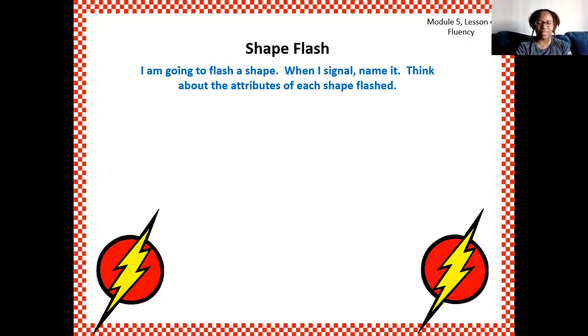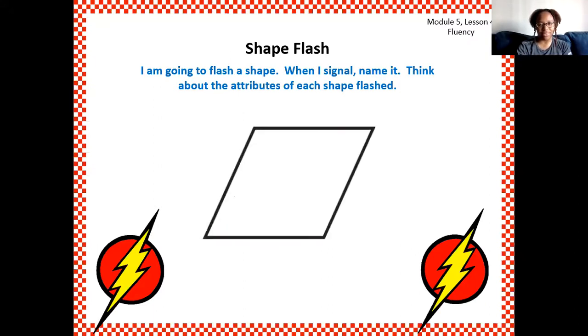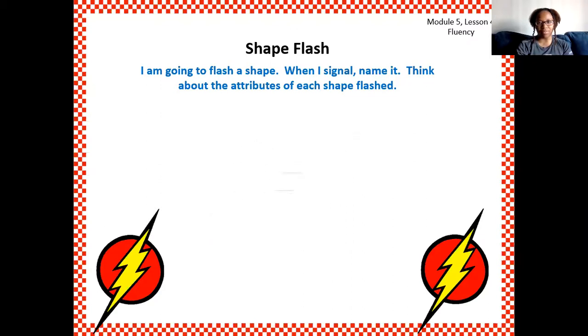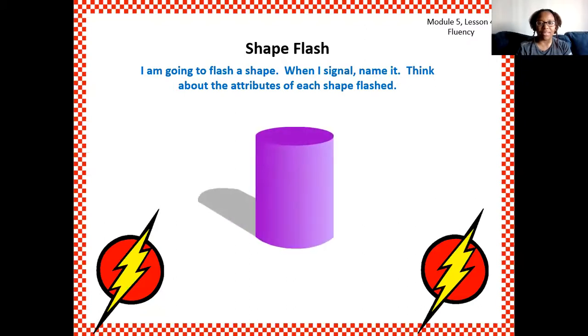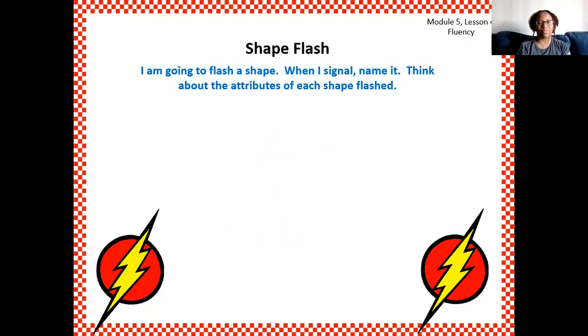Now, let's see about this one. It was a rhombus. And, oh, did I get you on that one? That was a 3D shape and it was a cylinder.